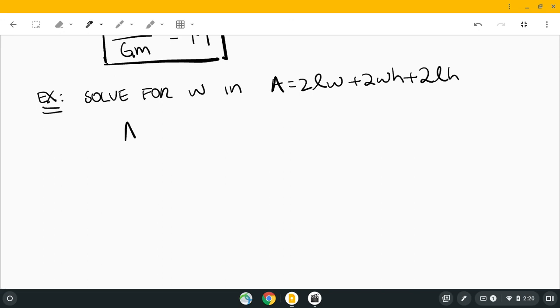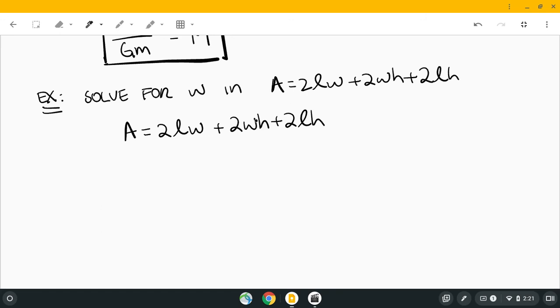Okay, so I'm going to rewrite the problem down here. We are solving for W, and if you notice, we have W in this first term, and we also have W in this second term.